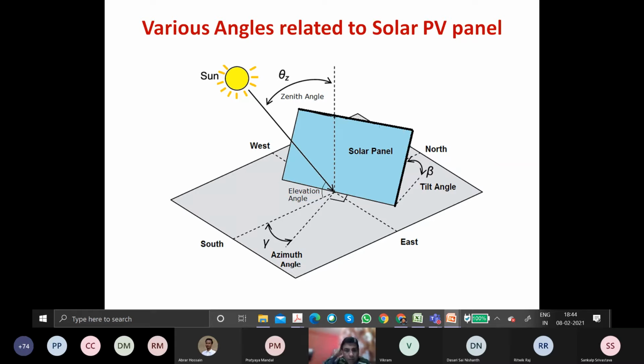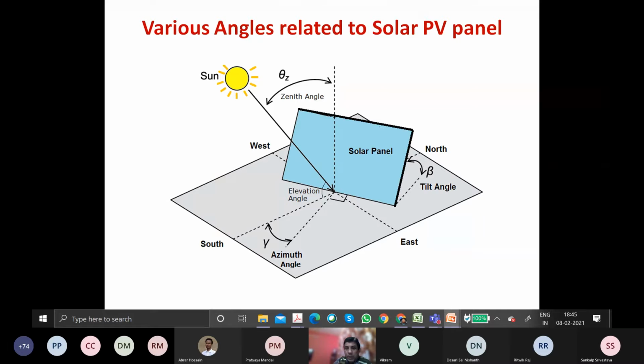We have installed in our campus, at the JC Bose Lab Complex rooftop, both a dual axis sun tracking system as well as a single axis sun tracking system. Single axis is only east to west on a daily basis, and dual axis also follows the seasonal variation. So it has both azimuth angle and altitude angle variation. There are two stepper motors, and in single axis tracking there is only one stepper motor which goes from east to west.